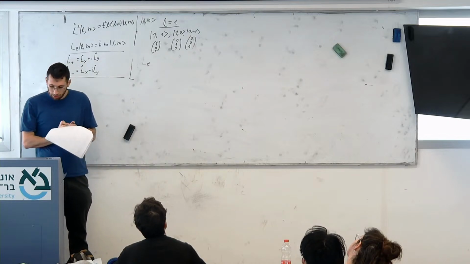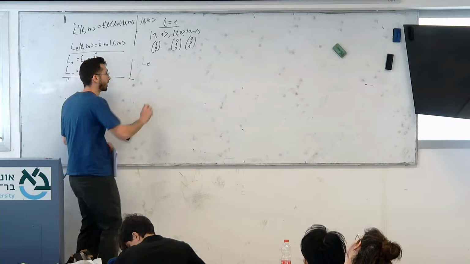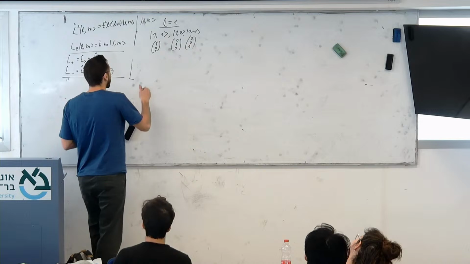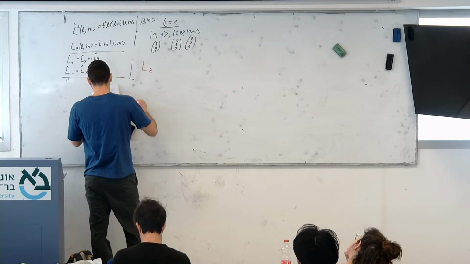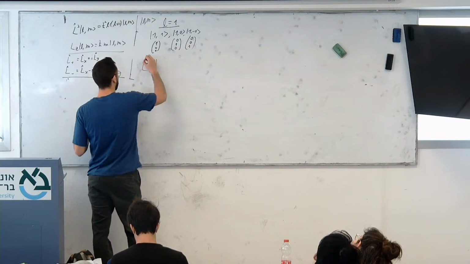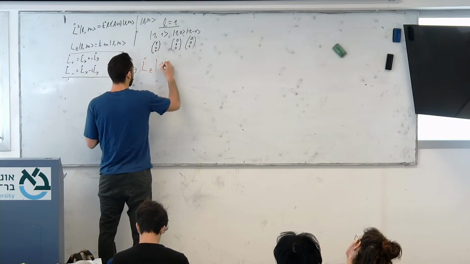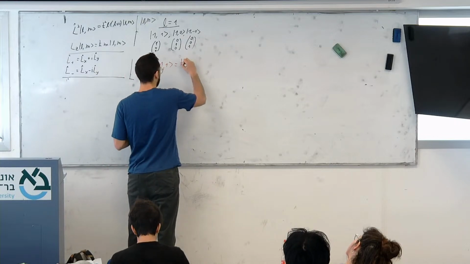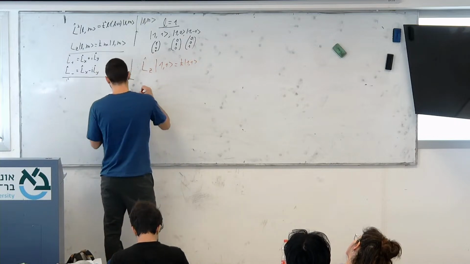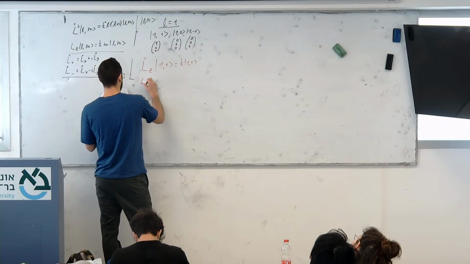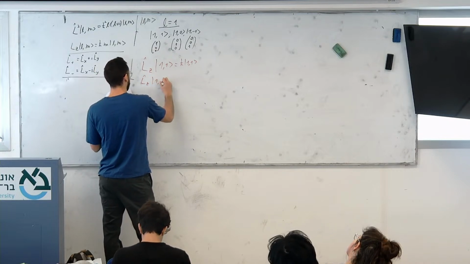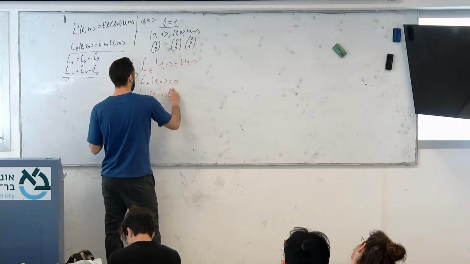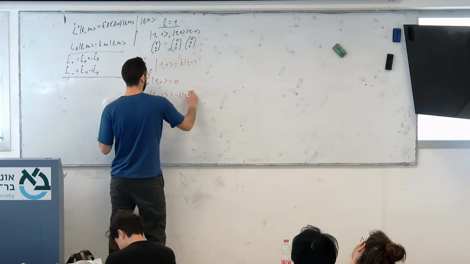LZ for 1, 1 is going to give us h bar, 1, 1. LZ for 1, 0 is going to give us 0. And LZ for 1, minus 1 is going to give us minus h bar, 1, minus 1.